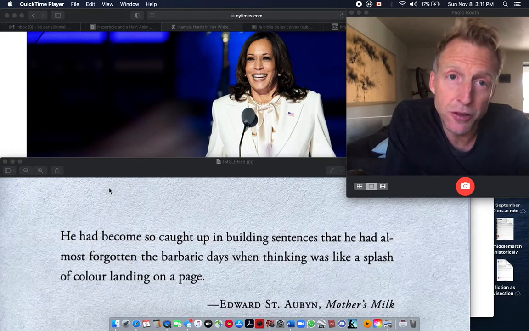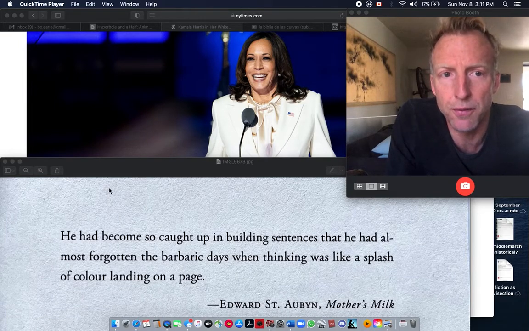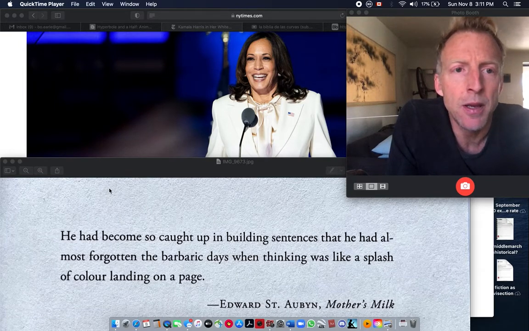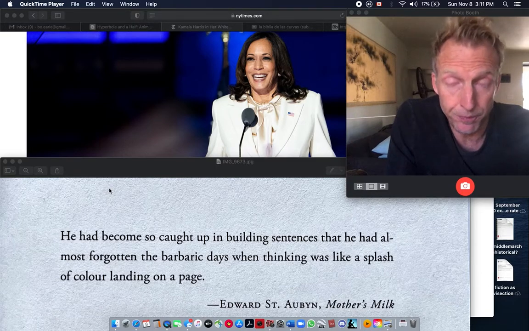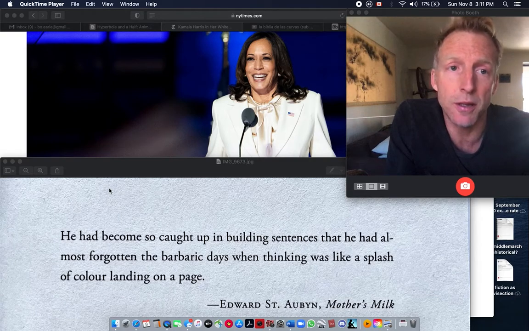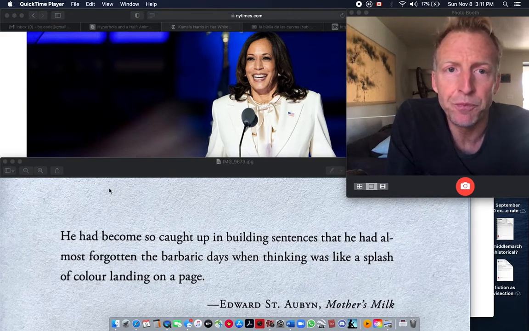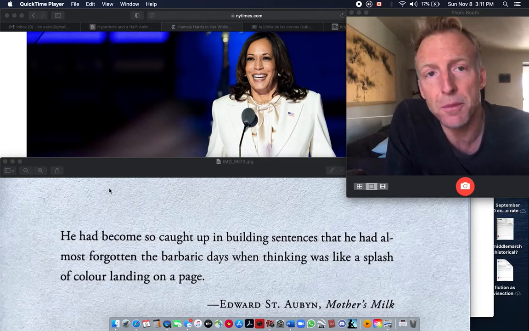So that's the philosophical reason. The historical reason why metaphors are crucial for nonfiction has to do with the idea of systemic inequality that has become so current in discussion of politics today. Systemic racism, systemic sexism.